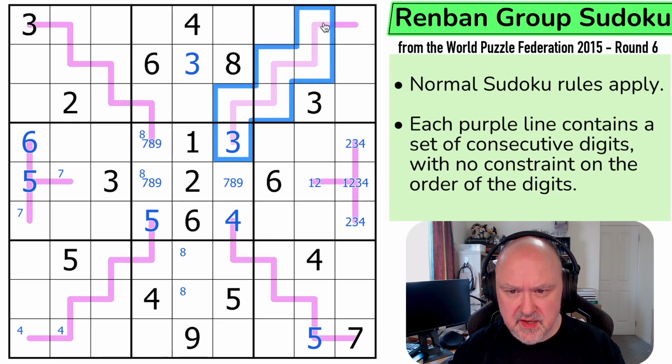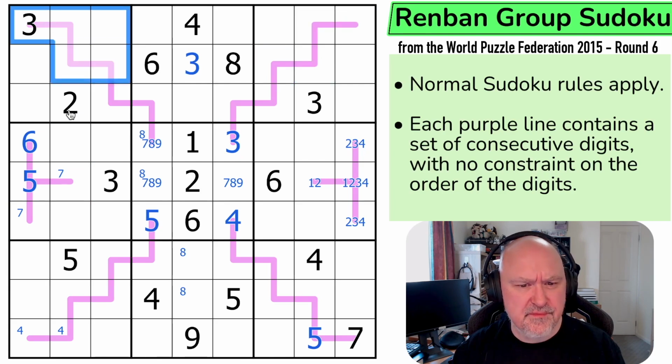4 on this line is not in any of those or there. Well, I need to put 5 on this line. It must be in one of those two because this 5 sees those and this 5 sees those.